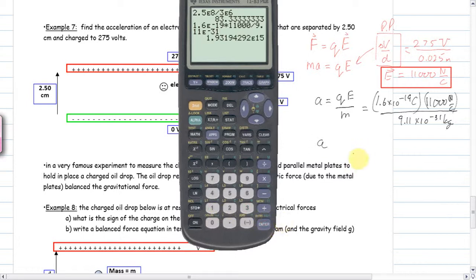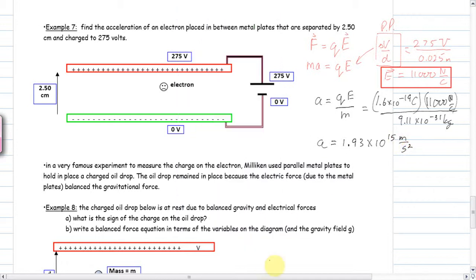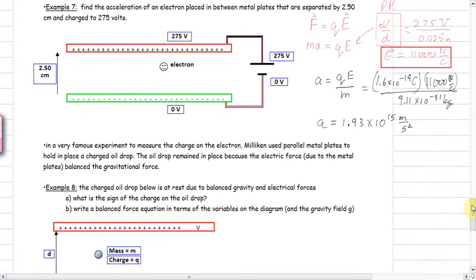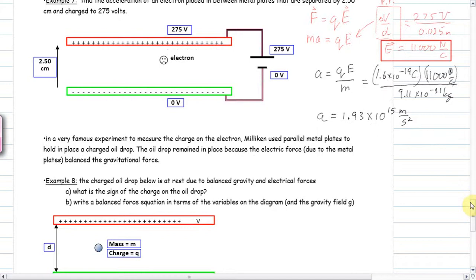We get a massive acceleration here: 1.93 times 10 to the 15th meters per second squared. Okay? Questions?